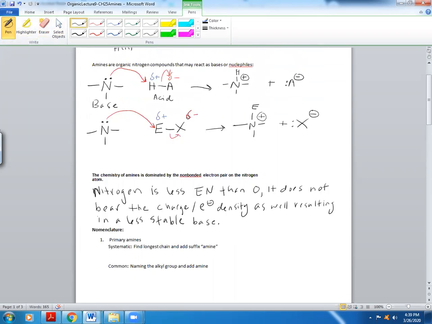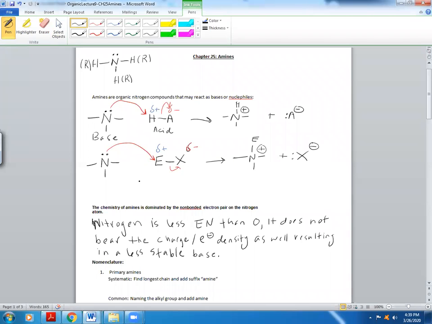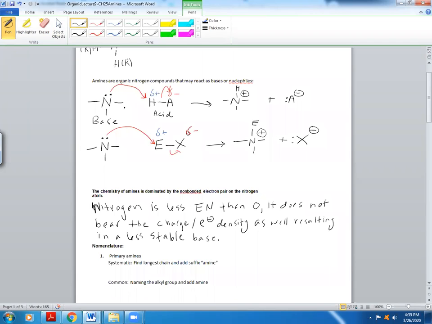Okay, let me go back up for a little bit here and show you, just to remind ourselves, what kind of amines you might actually see. Well, you can have aliphatic, and you can have aromatic. So aliphatic is like this methylamine.